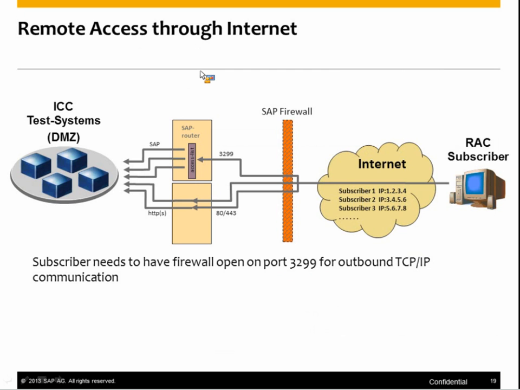You will be enabled with the IP address that you have announced before, and you just need to make sure your firewall is open on port 3299 for outbound TCP/IP communication, so you can access the systems via the SAP protocols. There is also access for the web-based protocols on the usual ports, so your firewall should already be configured for that type of access.